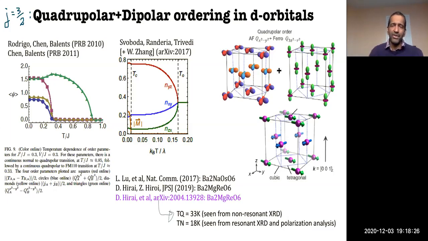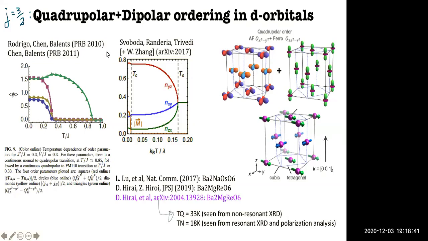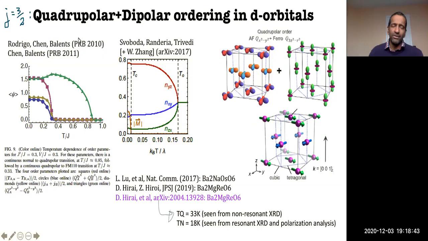If you have some combined x² − y² and z² character, you probably end up tilting your orbital in certain directions, and they couple only at second order, or higher order, to the quadrupoles in the system. But maybe we can come back to this later, if you have more questions, Shubham.